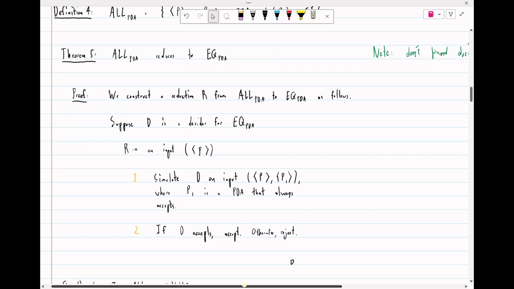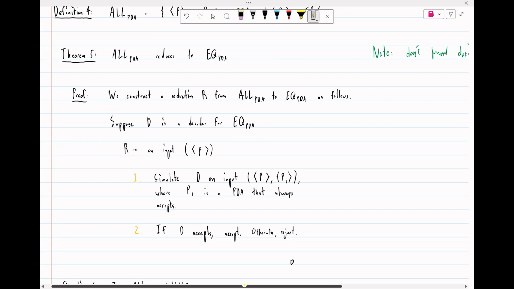In my reduction, suppose D is a decider for EQ PDA. You give me some description of a PDA P. I simulate this decider on P and P sub 1 here, where P1 is just a PDA that always accepts. If you want to visualize it, just think of the transition diagram as being one state.